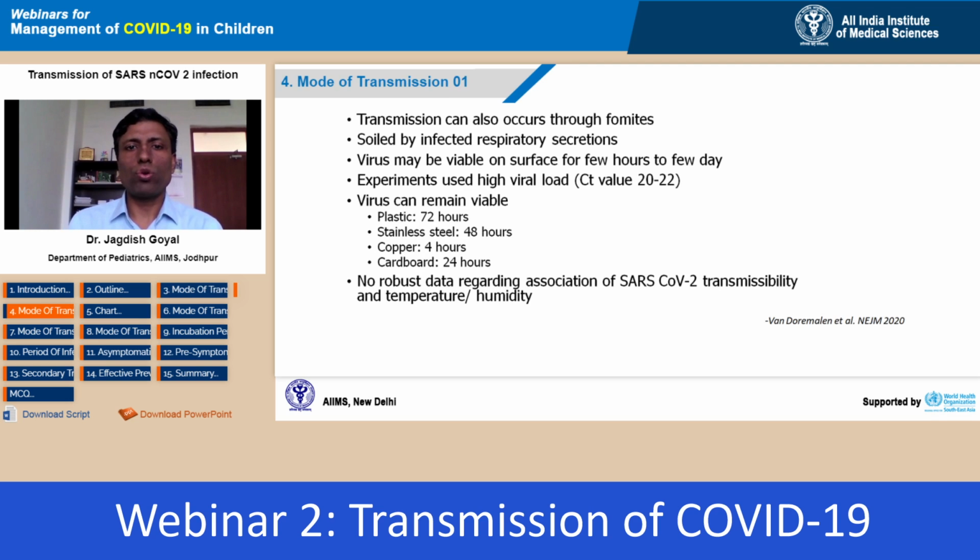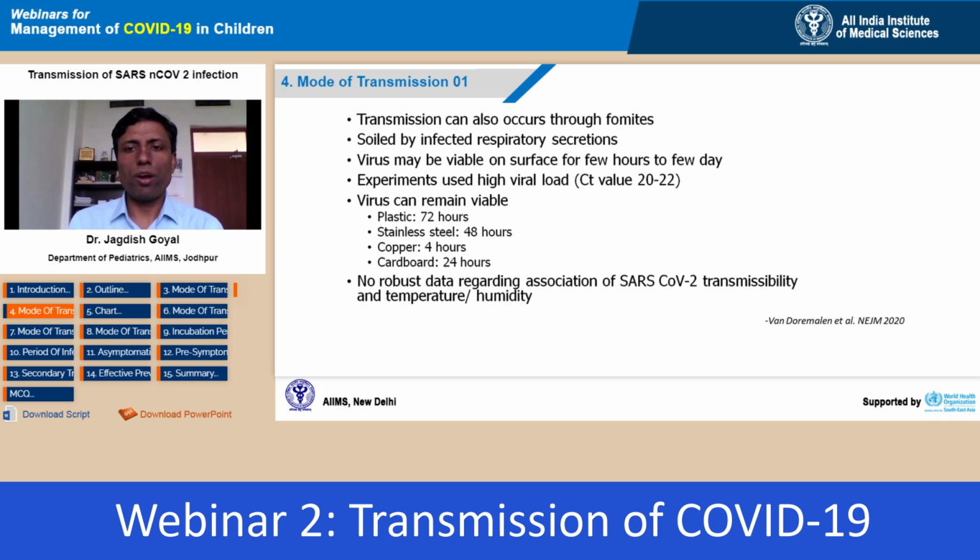Transmission can also occur through fomites when fomites are soiled by infected respiratory secretions. The virus may be viable on surfaces for a few hours to a few days. Experimental data use a high viral load to study viability of the virus on different surfaces.